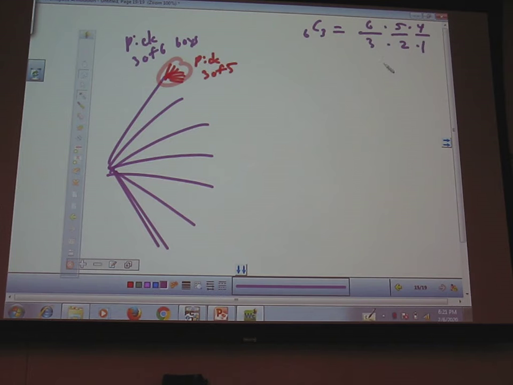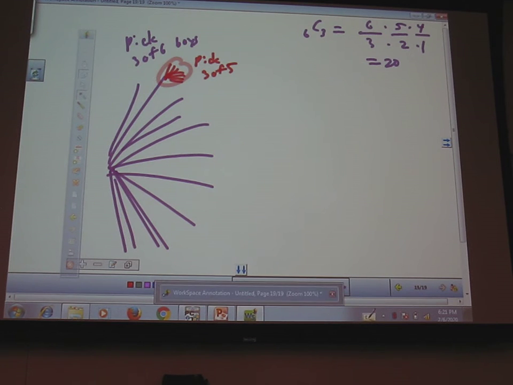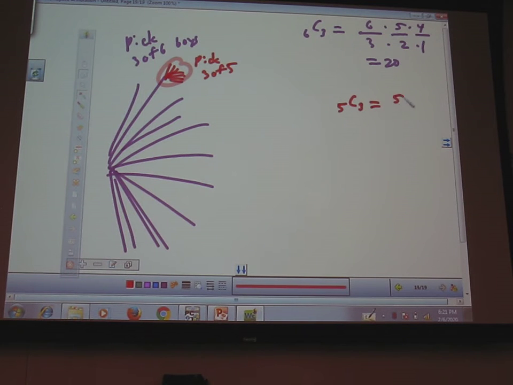It's going to be 20. So it's going to be 20 of these different spots here. For every one of those 20, I'm going to have 5 choose 3 girls. 5 times 4 times 3 divided by 3 times 2 times 1. 10. I'm going to have 10 possibilities.